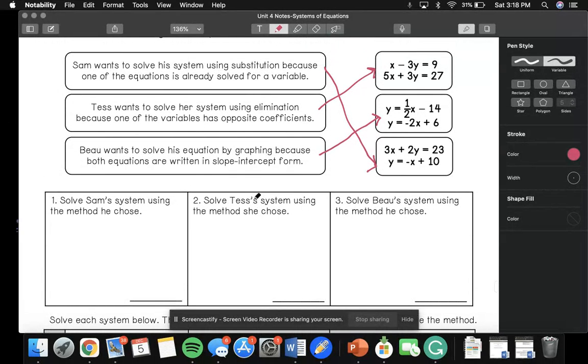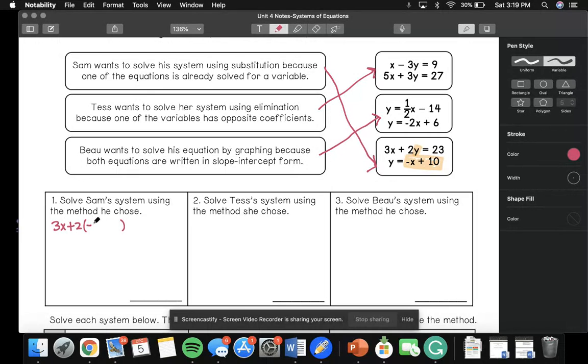Okay, now what we're going to do is solve Sam's, Tess's, and Bo's systems using the method that they chose. So for Sam, we are going to use substitution. I am going to substitute this equation in for every y I see in the top. So I'm going to have 3x plus 2y.